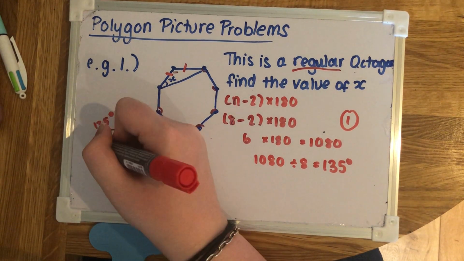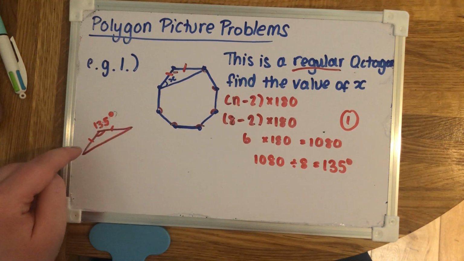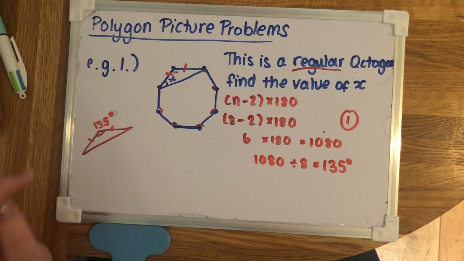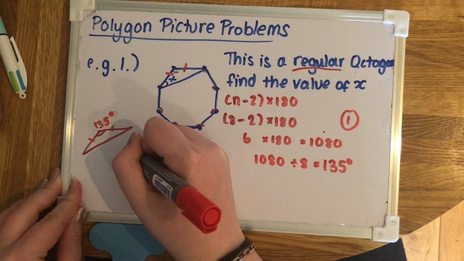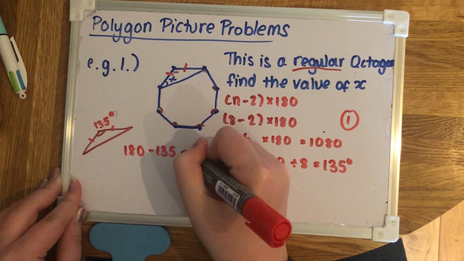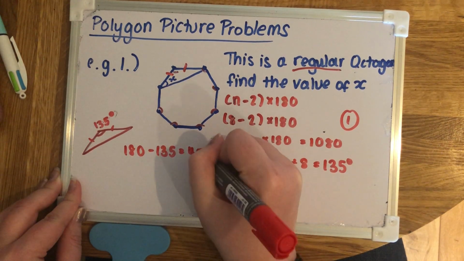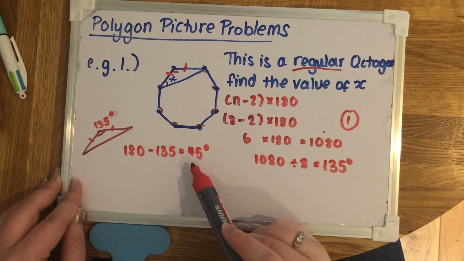Because it is isosceles, that means these two sides are the same, but also that the two angles must be the same. So this is coming back to your knowing that degrees in a triangle add up to 180. So if we do 180 subtract 135, which is 45, that tells us that these two angles here must add up to 45.